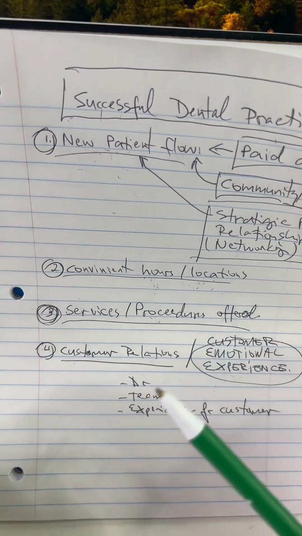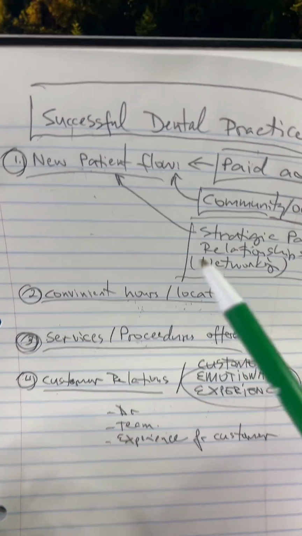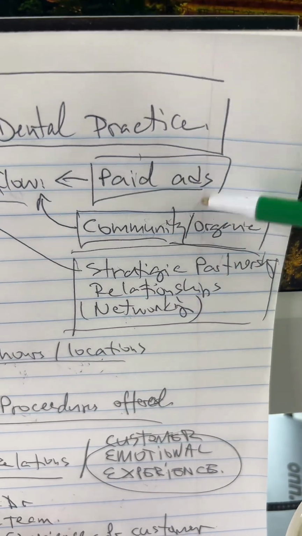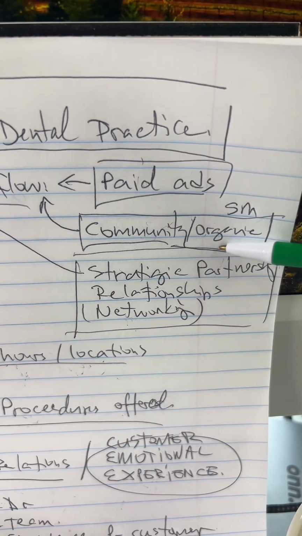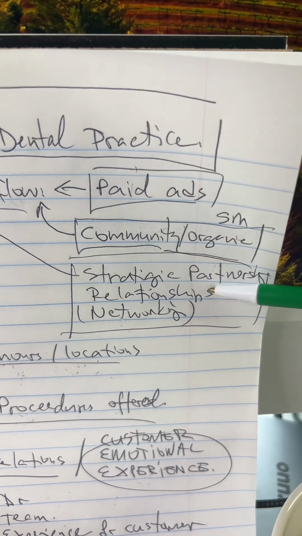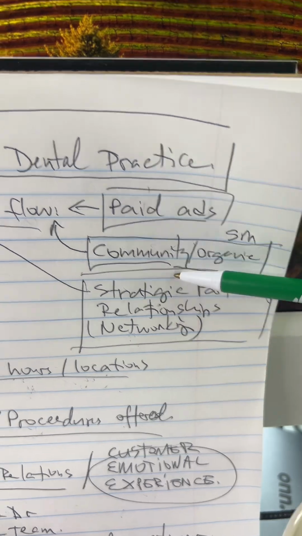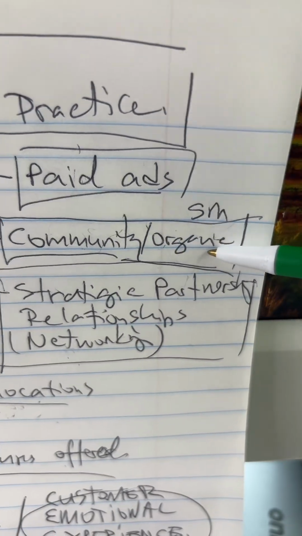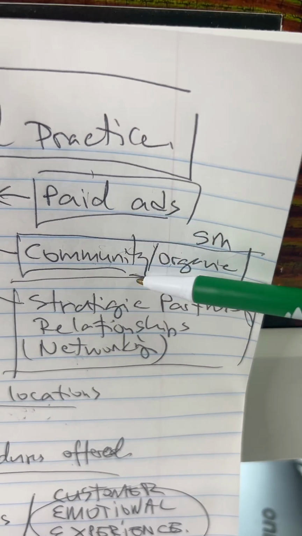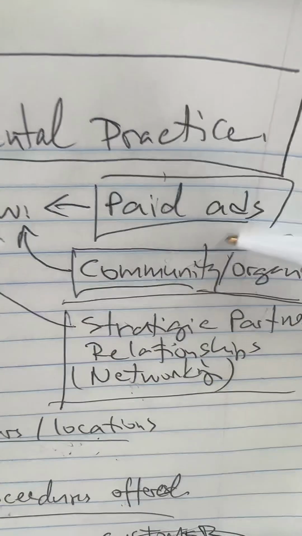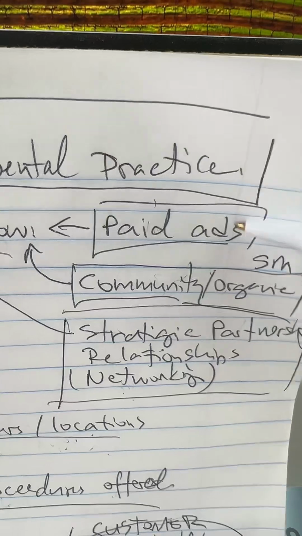So what do I see routinely with successful dental practices? What I usually see is that they're very strong in all three of these categories: paid ads, community support, social media, and some kind of networking with local professionals. They're very involved in the community where they get a lot of organic referrals, or they're very good on social media to get new patients, and they also have a good budget as well as effective paid ads.